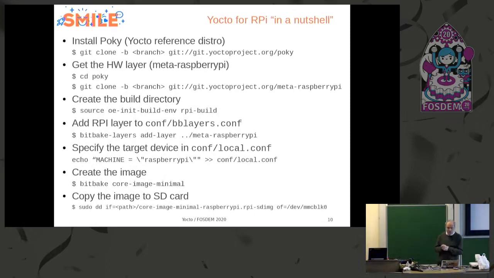You have to get the Raspberry Pi hardware layer with the same branch. You have to create a build environment. You have to add the necessary layers. For the first test, the only necessary additional layer is the meta-raspberrypi layer. And you define the machine, and you create a very simple image to test the board. Okay? And you put it on an SD card in case of a Raspberry Pi.